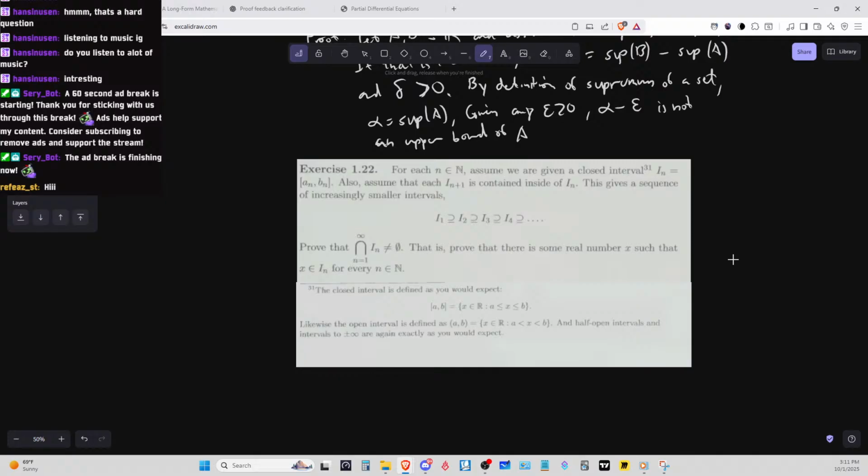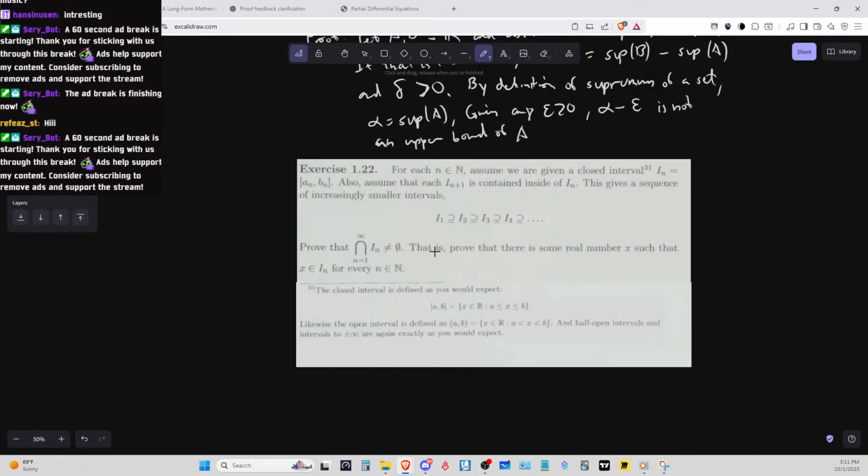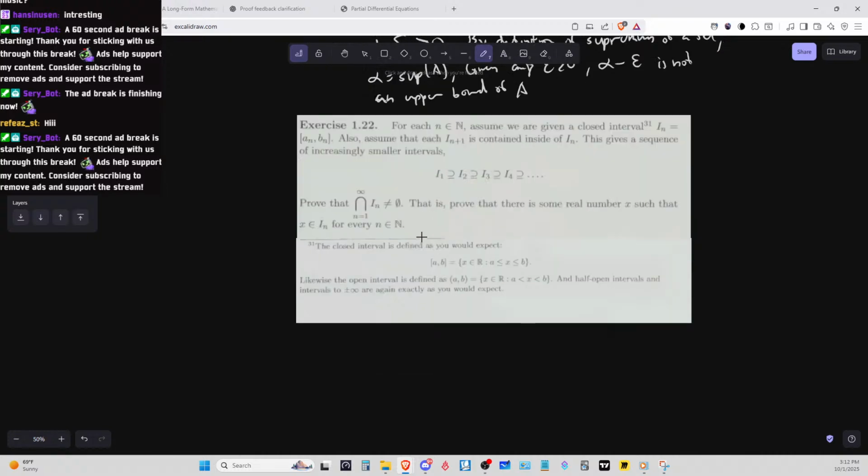This gives a sequence of increasingly smaller intervals. Prove that the intersection of I_n from n equals 1 to infinity is not the empty set. That is, prove that there is some real number x such that x is an element of I_n for every n in N.